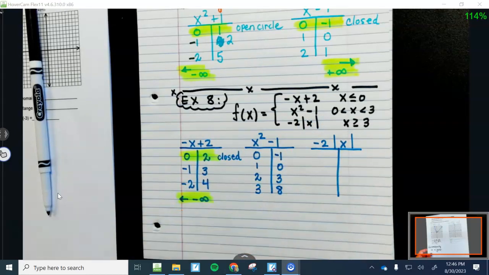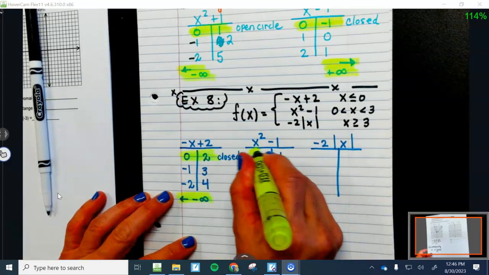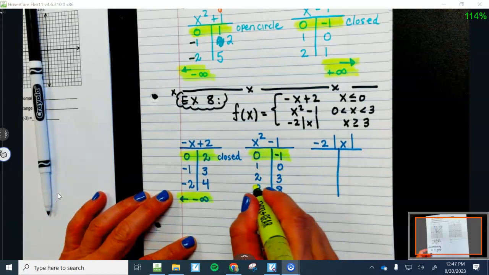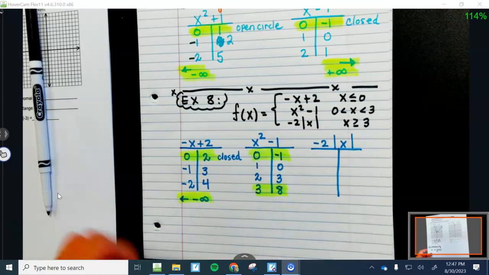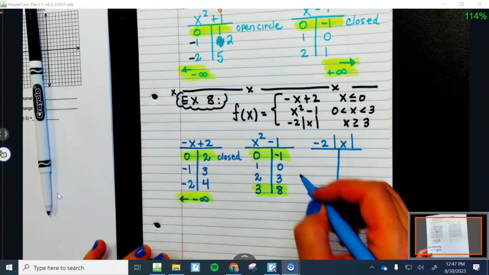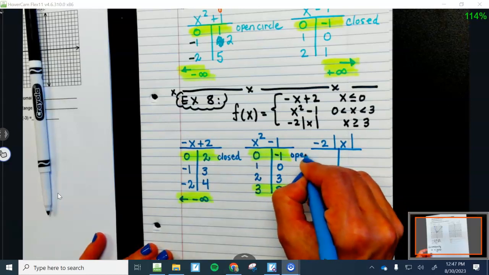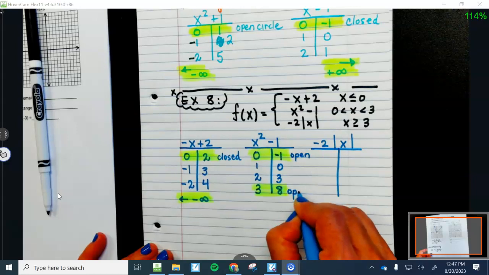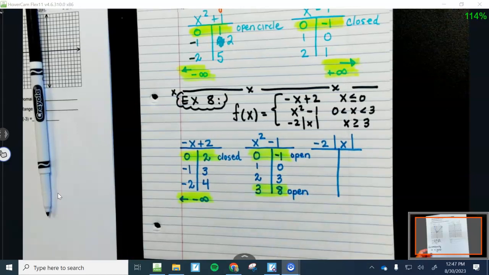And then let's see what's happening here. What kind of circles are we going to start and stop this parabola with? Very good. Good.